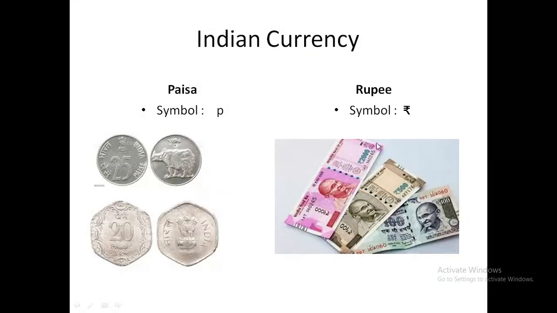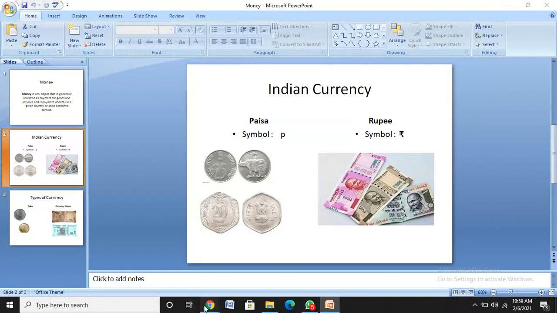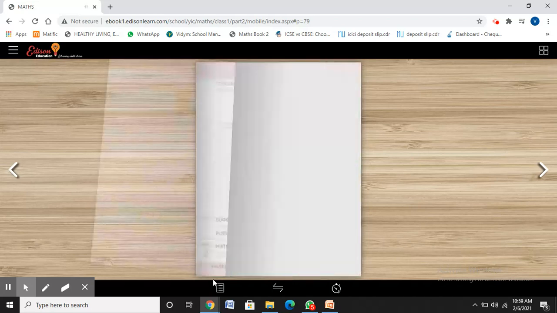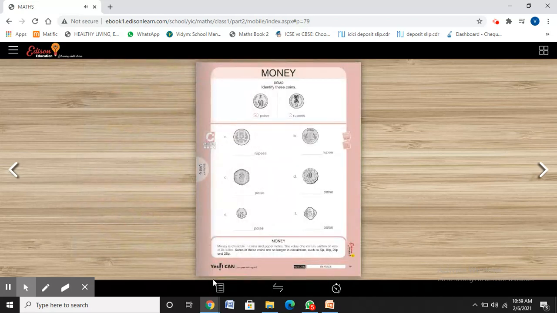You will see this Ashoka stamp on rupees as well as on coins. Getting this point? This Ashoka stamp consists of 4 lions, but we can see only 3 faces of that lion. Then you can see 5 rupees, 1 rupee, 20 paise, 10 paise, 25 paise and 5 paise.